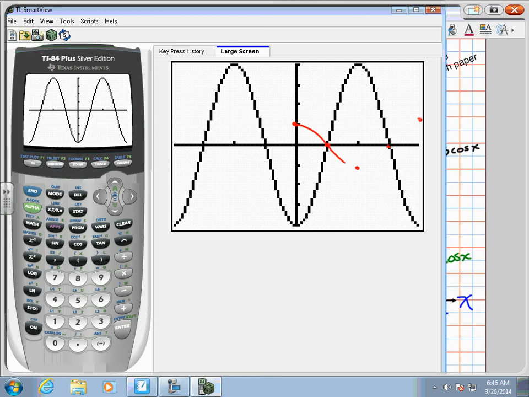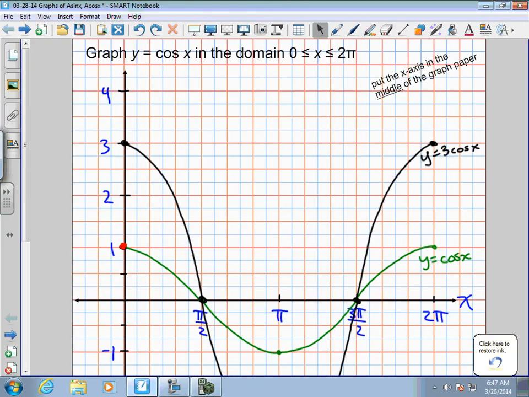That's our cosine graph, but everywhere we have a positive 1, it moved down here to a negative 4. It reflected and stretched. 0 doesn't change. Negative 1 makes positive 4 when you multiply by negative 4, etc. So it reflects and stretches. I'd like you to plot those points and then play the recording once you've got it.